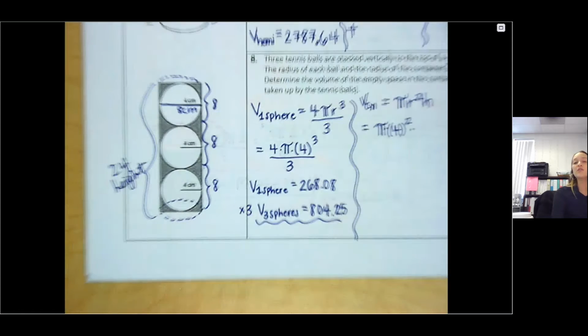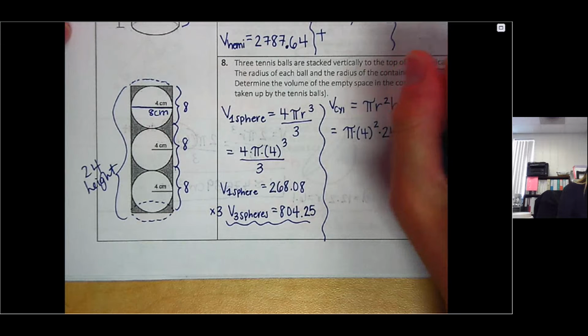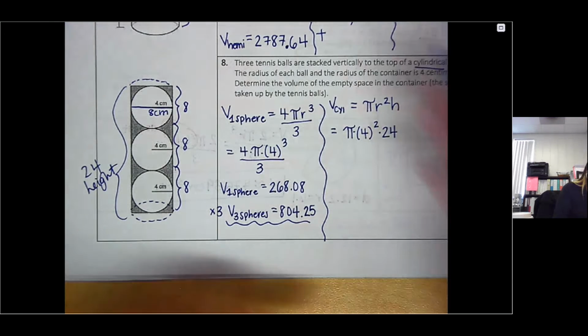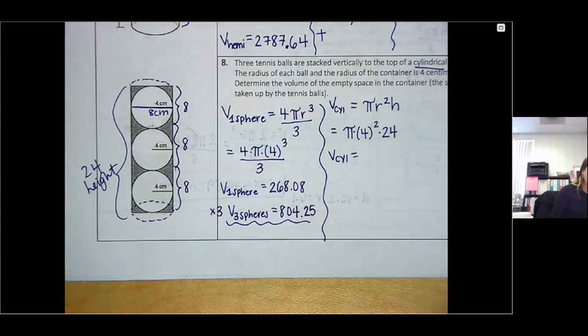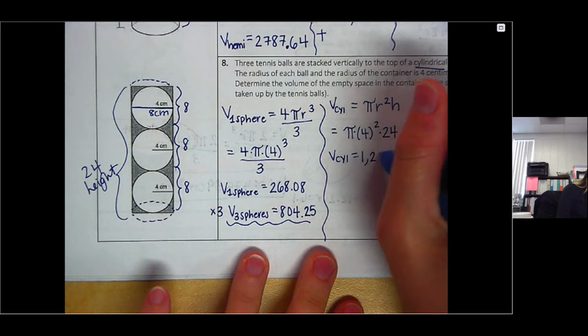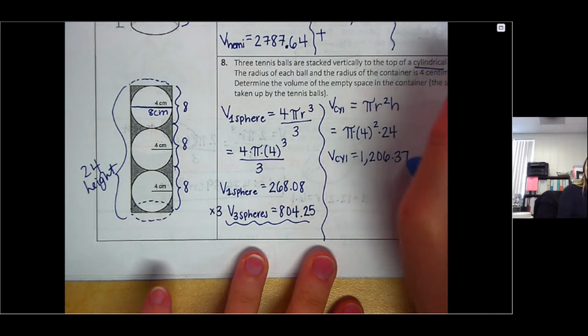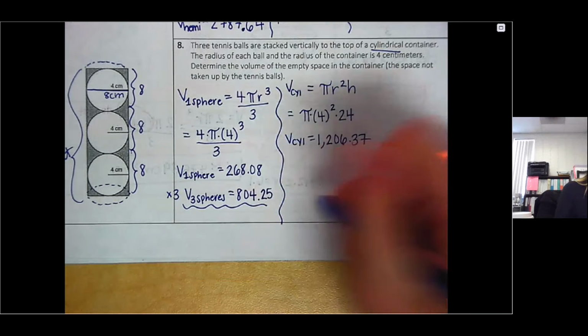So now I'm going to plug in the 24 for my height over here, and I'll get the volume of my cylinder. Let's see, that's 16 times 24 times pi. And then I'm going to subtract them, because remember, you're trying to find the remaining space.